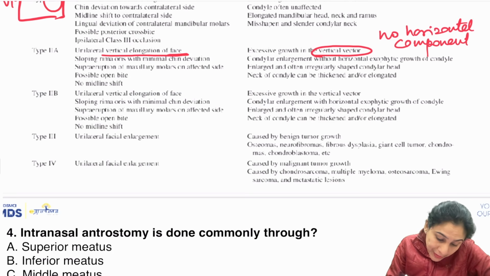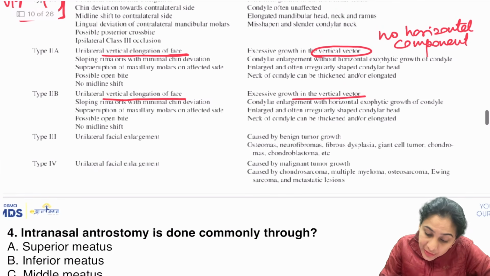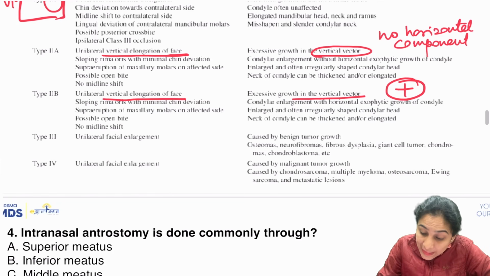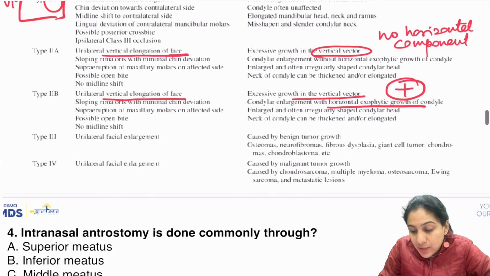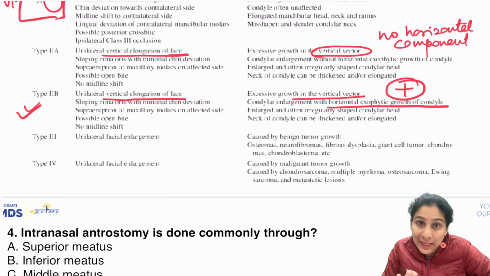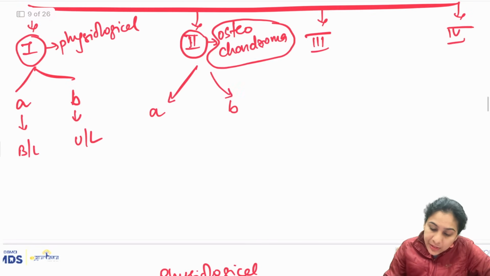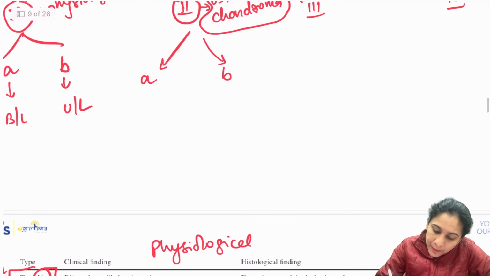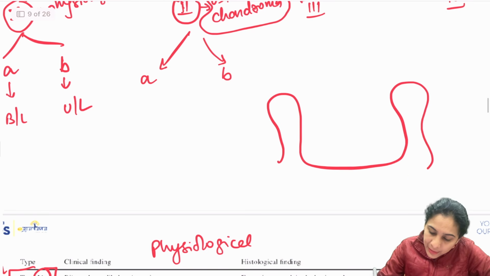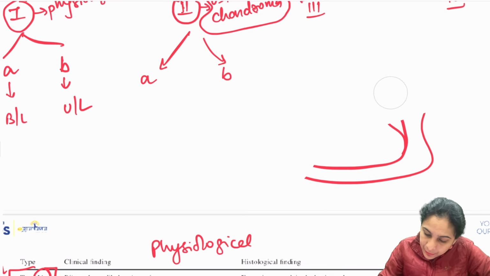Whereas type 2B is a vertical elongation of face, excessive vertical vector, but there is an additional horizontal exophytic growth of the condyle, and this has been asked as an image based question previously in exam. All right, so why vertical is because, see, if this is the mandibular condyle, right? Imagine this is a patient's mandible, condyle and coronoid. Let me draw it properly.